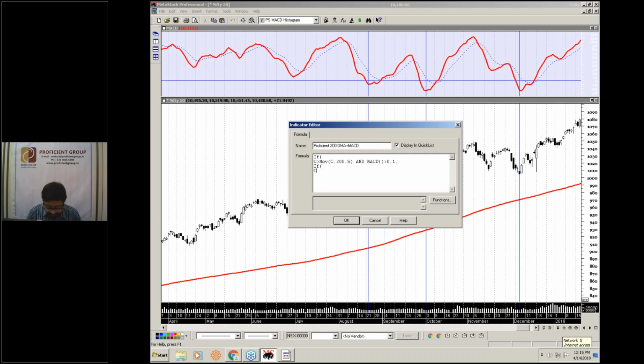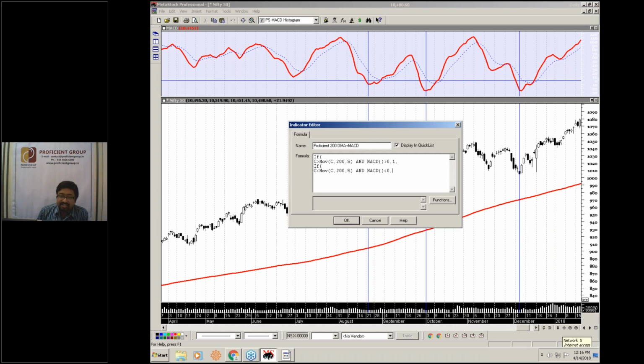Else if closing price is less than the moving average of 200-day denomination, right? And MACD is below the 0, right? Then... this is simply the else part.